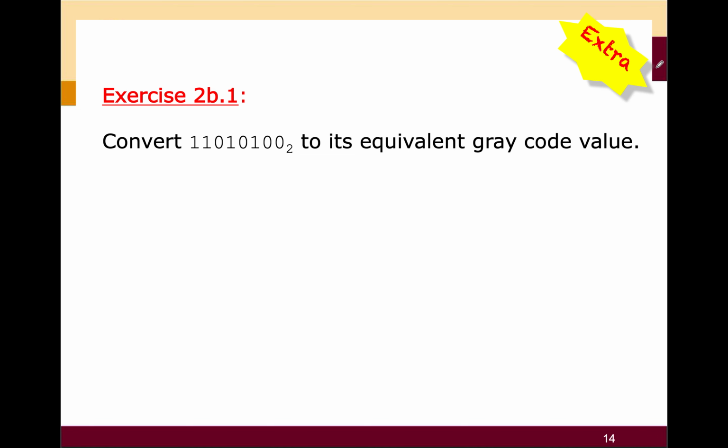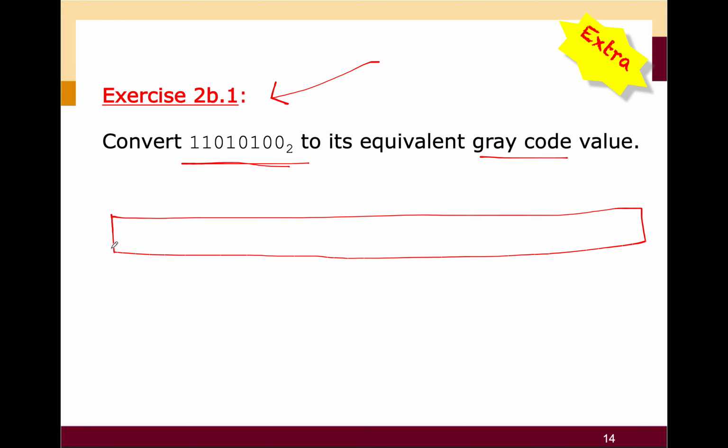So please try to do this exercise. You need to convert this binary code, and you're going to get the gray code value. You get this binary. First you draw the table for your binary.